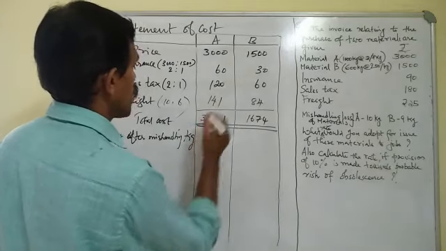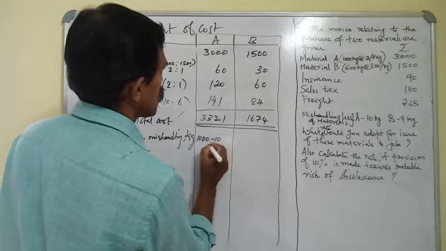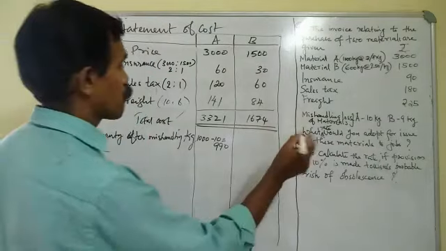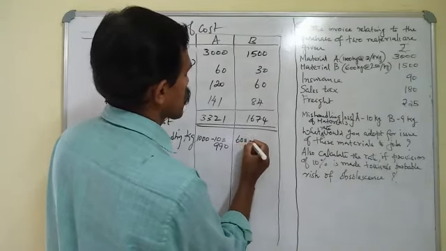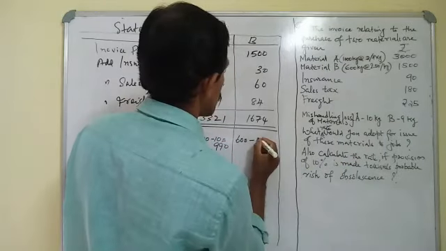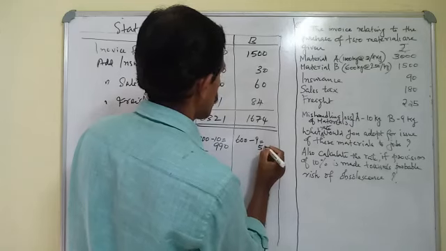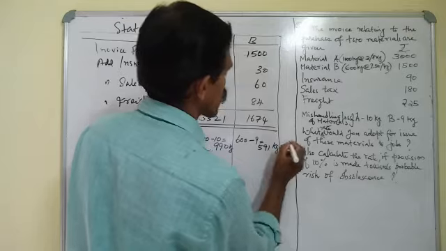In case of A, firstly 1000 kilograms. From that 1000 we deducted 10, we got 990. In case of B, this quantity is 600 kilograms. From that 600 kilograms we deducted this 9, and then we got 591 kilograms.